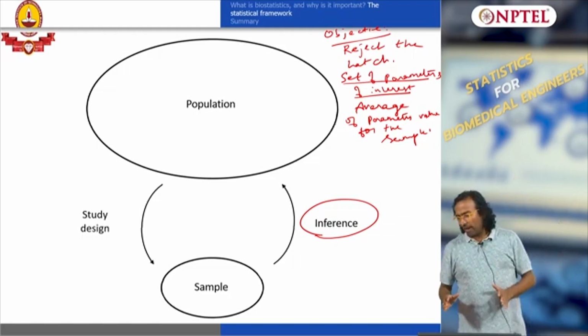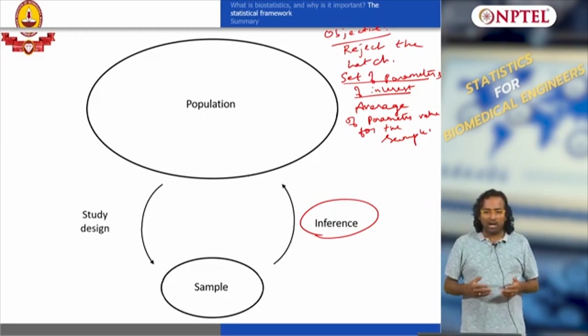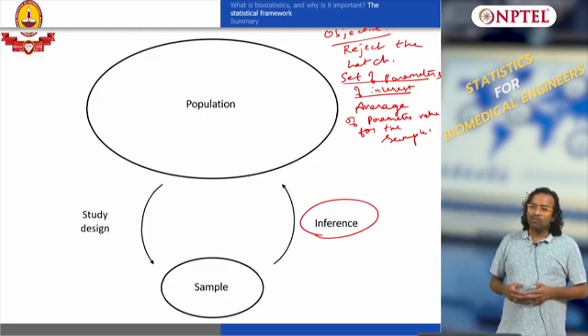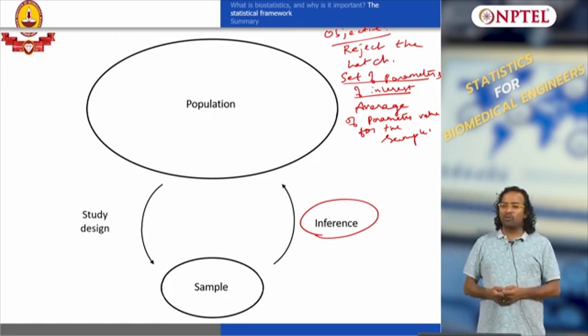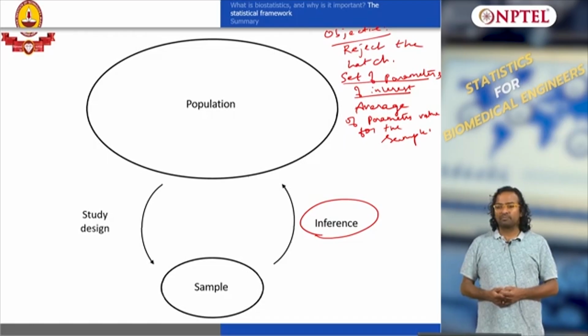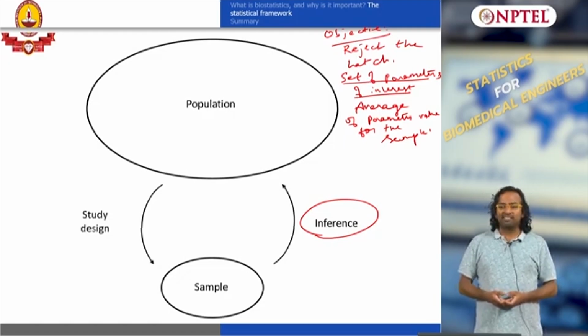So when you talk about vaccine, you talk about antibodies. When you talk about recovery, when you talk about a drug molecule, what will you test for? Let us say a drug molecule for neoplasm, a cancer, what will you test for? Average number of cells died, good cells died versus bad cells died.